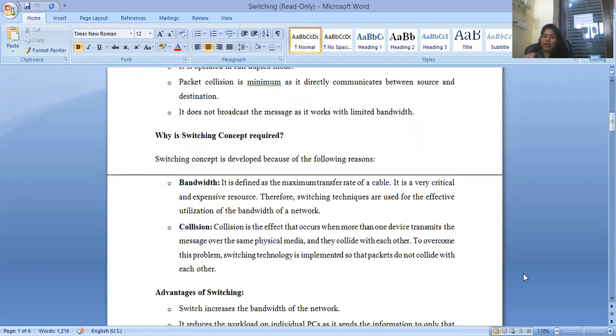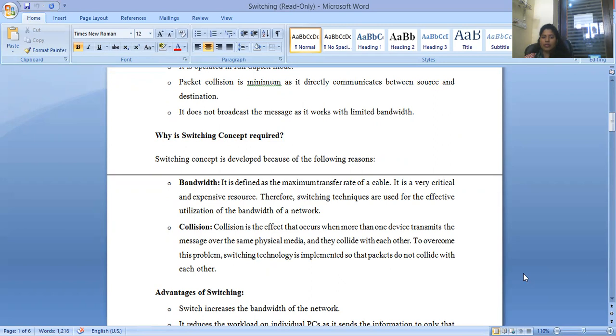Suppose the maximum transfer rate of the cable limits your transferring rate, isn't it? So what will happen? There is no path for transferring those data packets from source to destination.